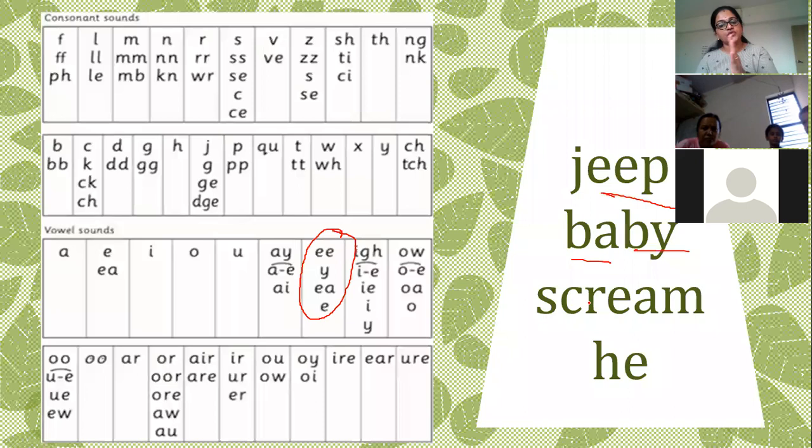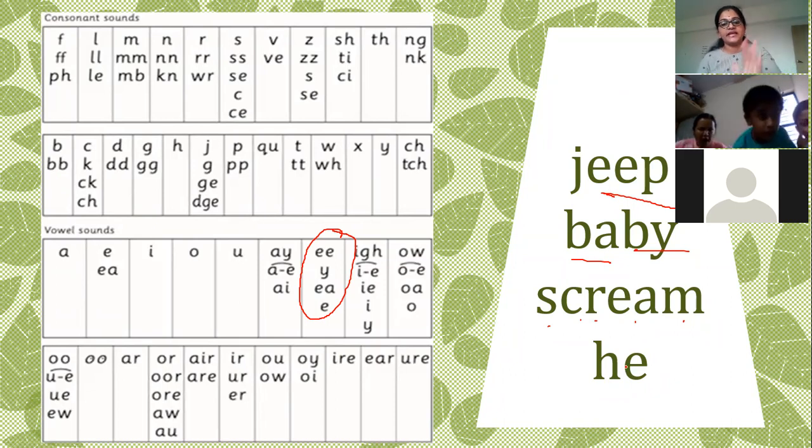Next, EA also says E, as in screen. And then comes the letter E separately, which also says E as in the word he. We have words like me, we, be, right? They're very easy to say and very easy to remember. So these are the spelling patterns of the sound E.